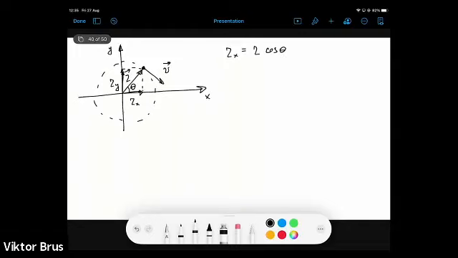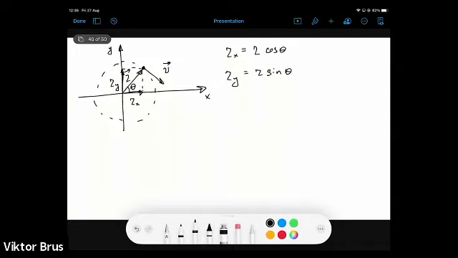Here we take the absolute value of the radius. ry is equal to r sine theta. So we know now these projections.